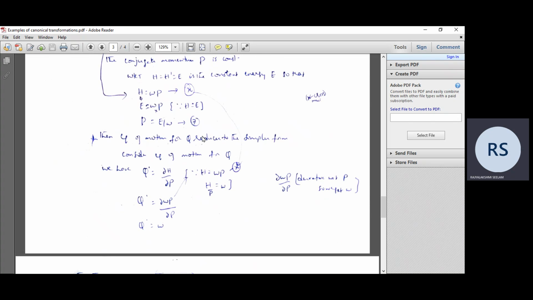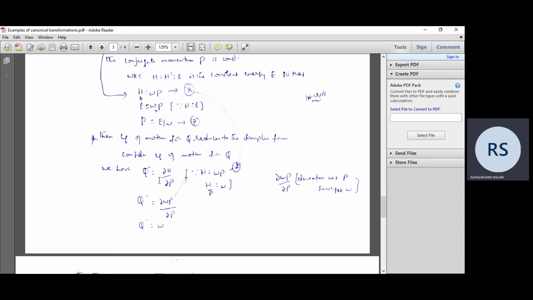Then the equation of motion for Q reduces to a simpler form. So let us consider the equation of motion for Q. We have Q dot equals dou H by dou P. We already know H equals omega P, or dou H by dou P equals omega. So we replace dou H by dou P with omega.